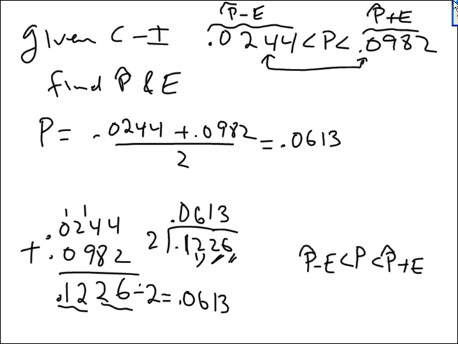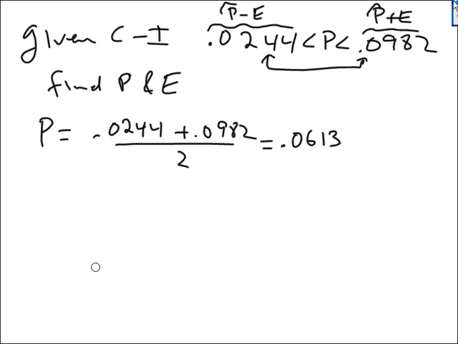So we found P hat. Well, actually, no. First it says to find P hat and E. Well, we found P hat. Now we need to find E. Well, that's also P hat plus E. You know that P hat plus E is 0.0982.